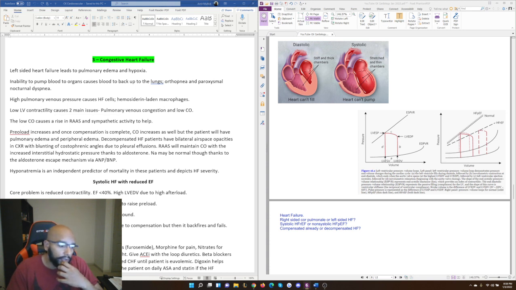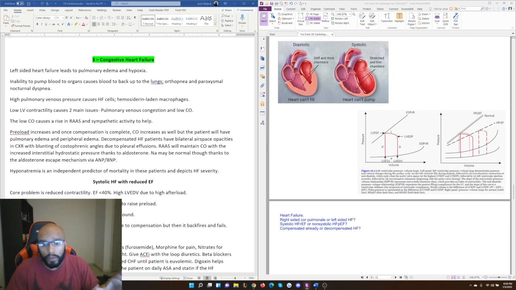One of the key little tricky things is the aldosterone escape mechanism. So make sure you remember that in heart failure, one of the things that come out is ANP and BNP. And remember, those are your atrial natriuretic peptide, and then the B is the brain natriuretic peptide. These natriuretic peptides, what they do is exactly in the name, natriuresis.